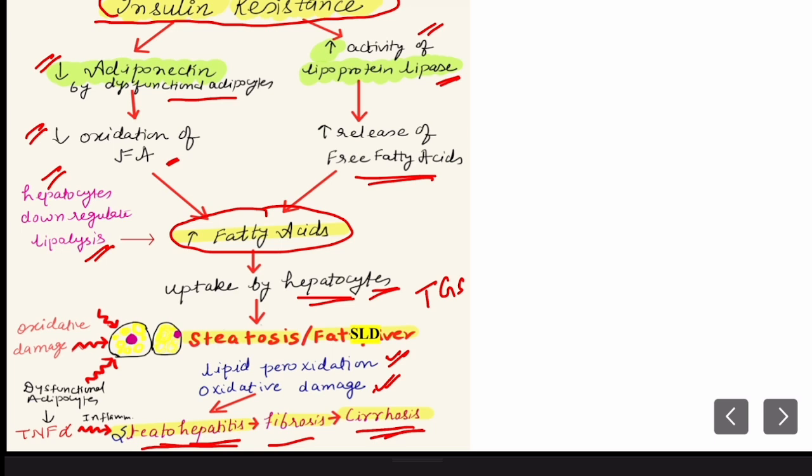One additional point is the dysfunctional adipocytes. They also cause the release of certain chemical mediators like TNF alpha. TNF alpha is an inflammatory mediator, so again it will cause inflammation and hepatocyte damage in the liver. So I hope this diagram is clear, and it explains how insulin resistance and obesity lead to liver damage.